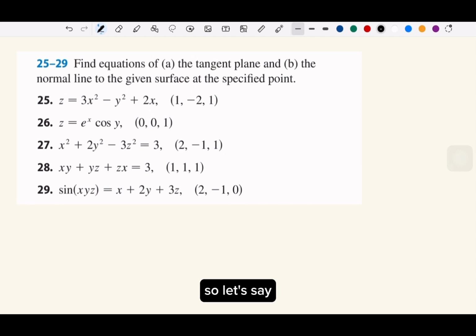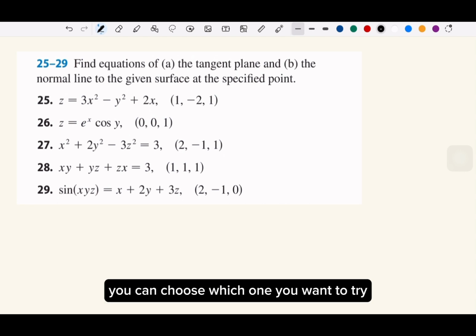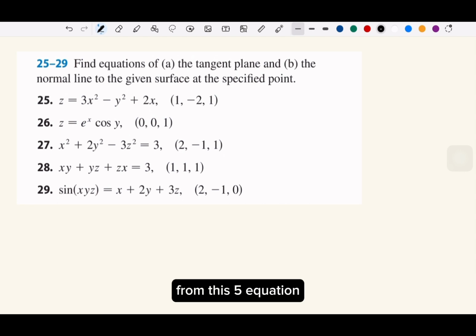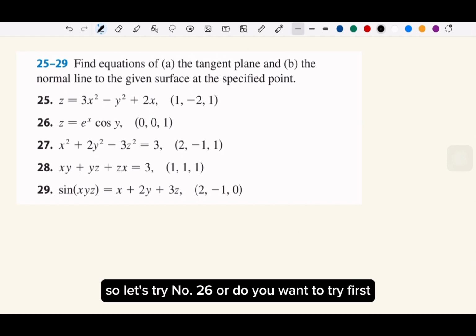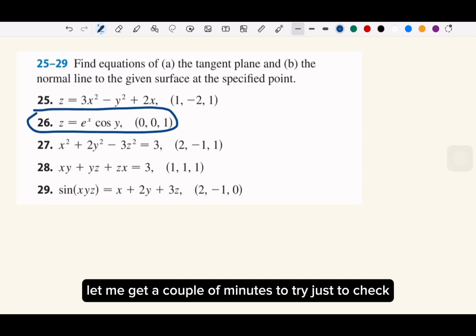You can choose which one you want to try from these 5 equations. Which one? 26. Okay, let's try number 26. Or do you want to try first? Let me give a couple of minutes to try, just to check.